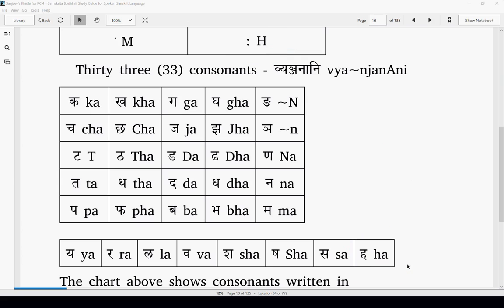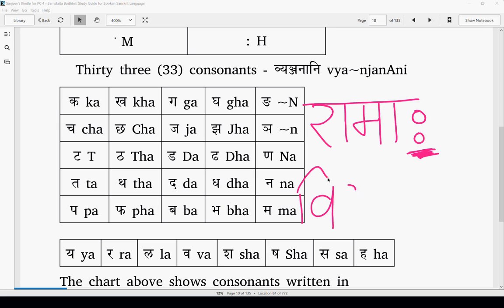Let's say this one, Ramaha. Not Ramaha, Rama.